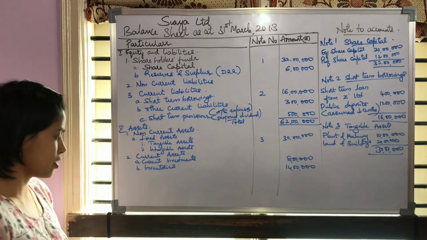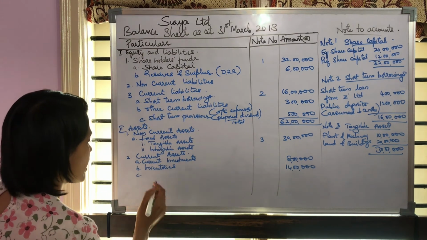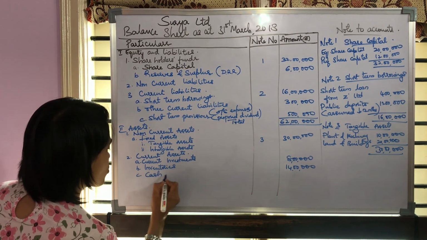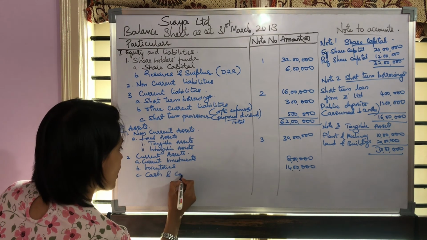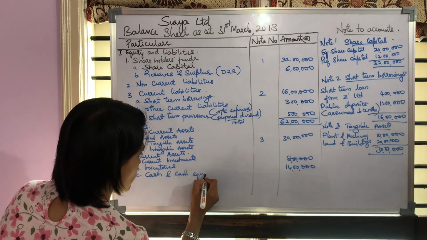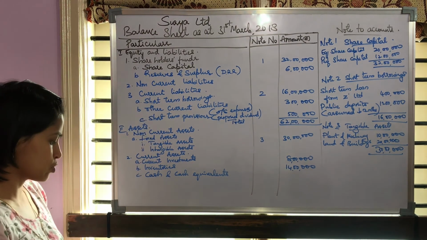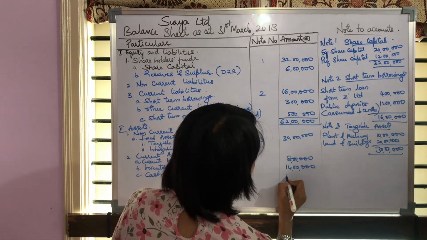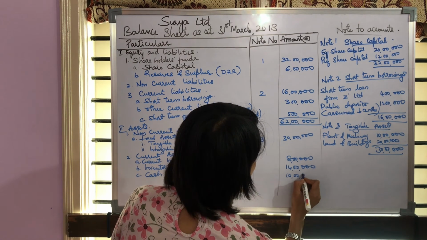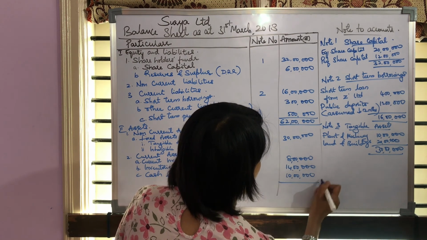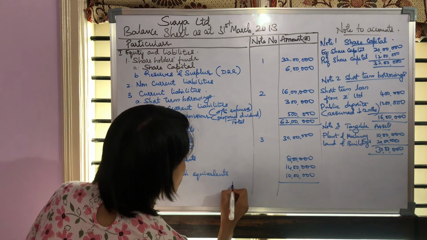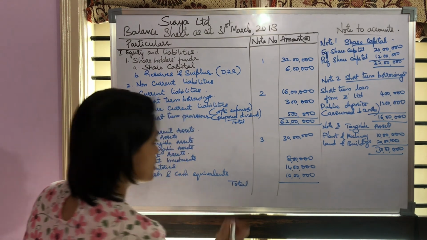And the last item is cash and cash equivalents, amount rupees 10 lakhs. So here we come up with the total of assets.